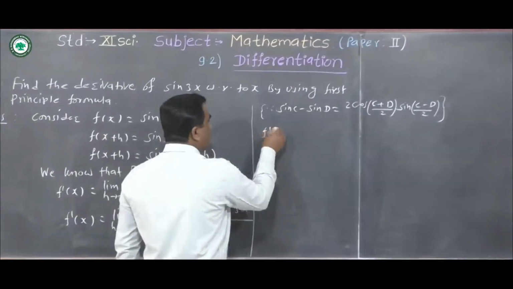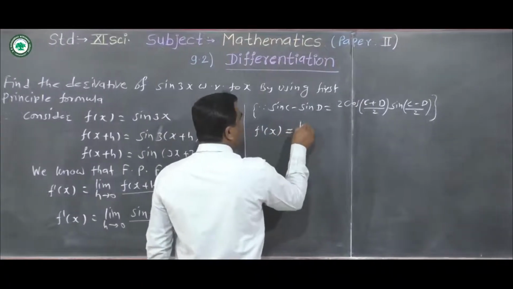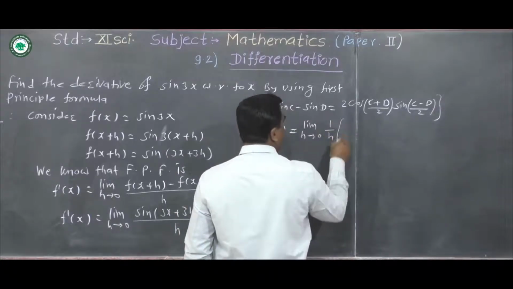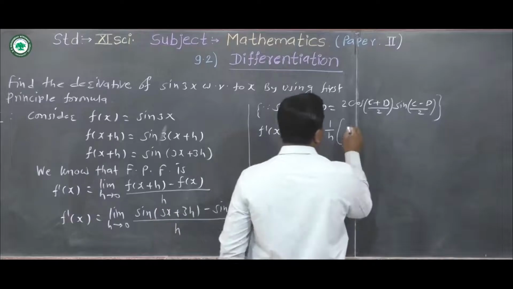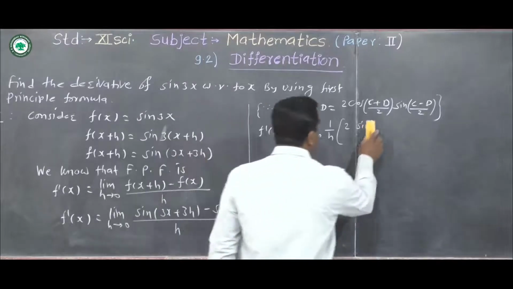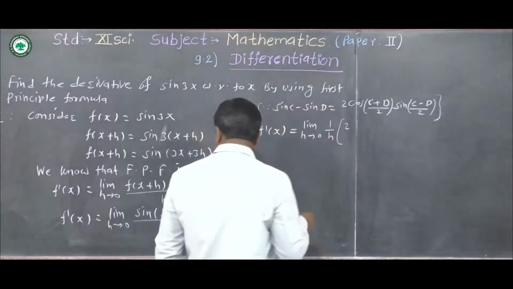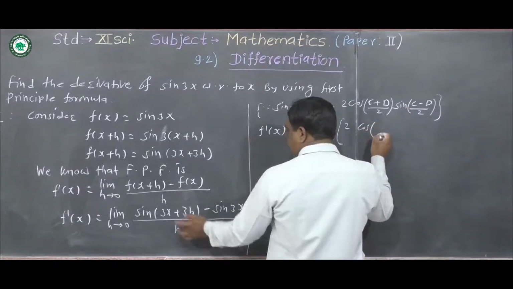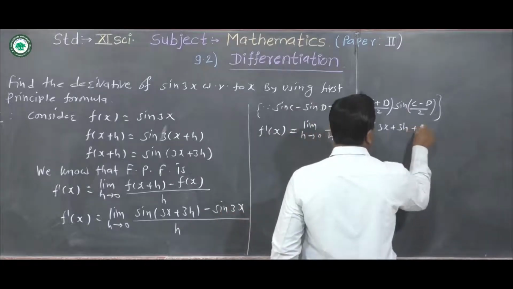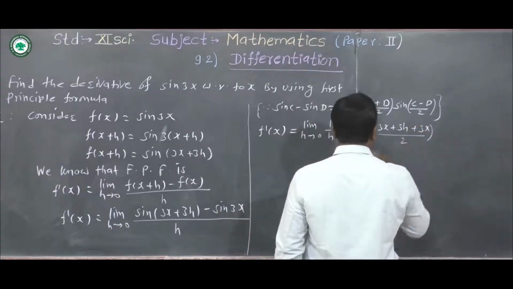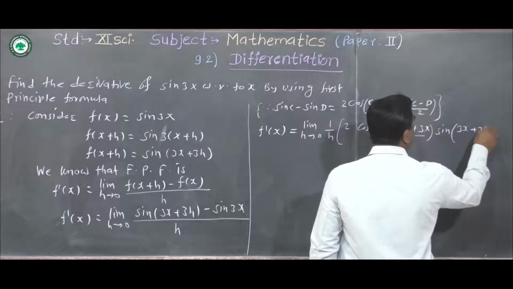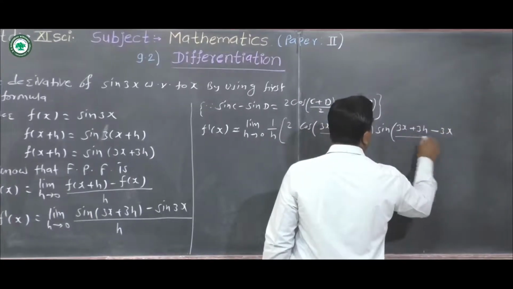Therefore f dash of x is equal to limit h tends to 0, 1 upon h into in bracket sin c minus sin d means 2 into cos of 3x plus 3h plus 3x upon 2 into sin of 3x plus 3h minus 3x upon 2.